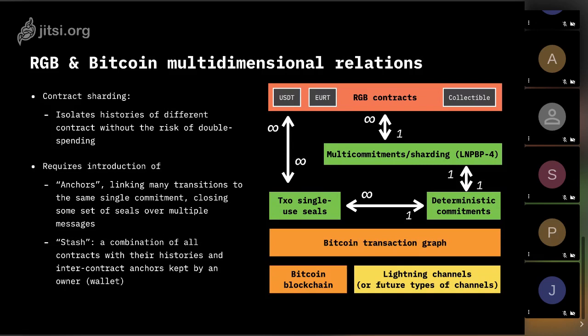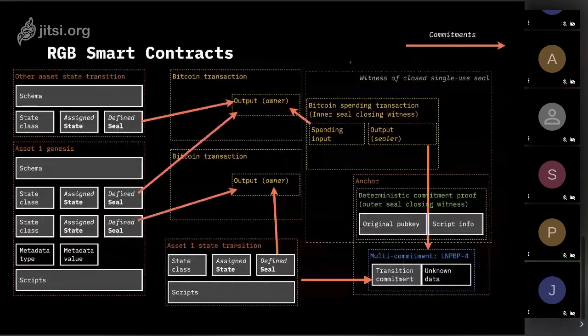While at the beginning we had a very simple thing, like some off-chain proofs and the history of them, and we send it over the network and that's all, when we move to multiple assets, we have to come up with these more complex concepts of transitions, anchors, stashes, consignments, and so forth. But if I put all of it together onto the slide, it will still be very, very complex to understand.